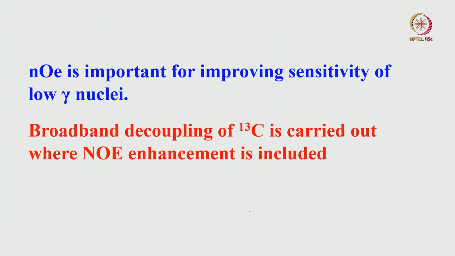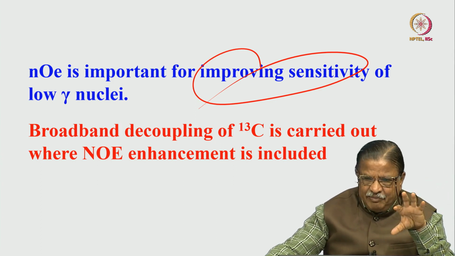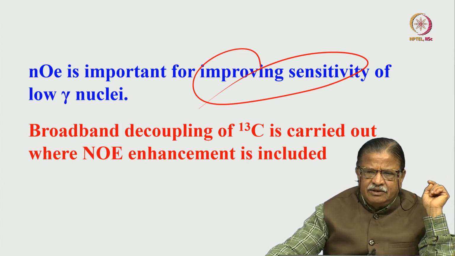And another important thing, when I was discussing carbon 13, I told you, if you remember, it is an important factor for improving the sensitivity of low gamma nuclei. For example, when I was doing broadband decoupling of carbon 13, remember I said there are several ways of decoupling: continuous wave broadband decoupling, gated decoupling, decoupling without NOE.